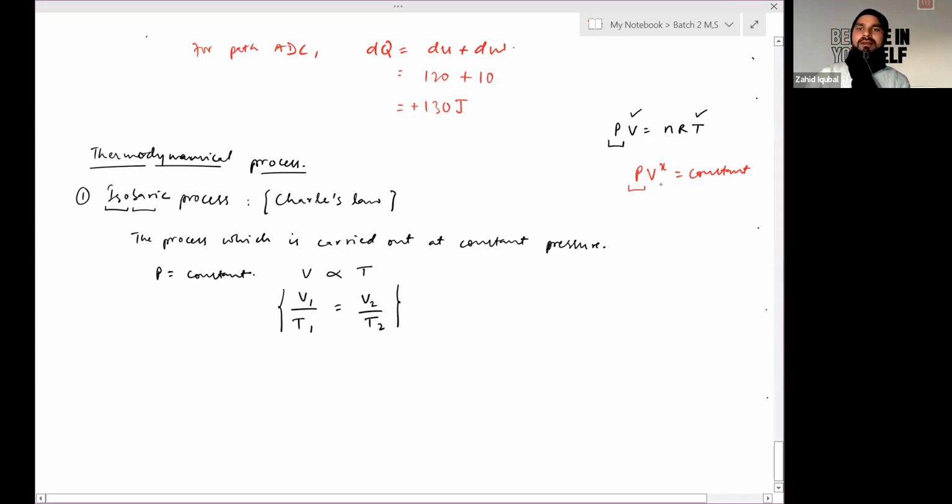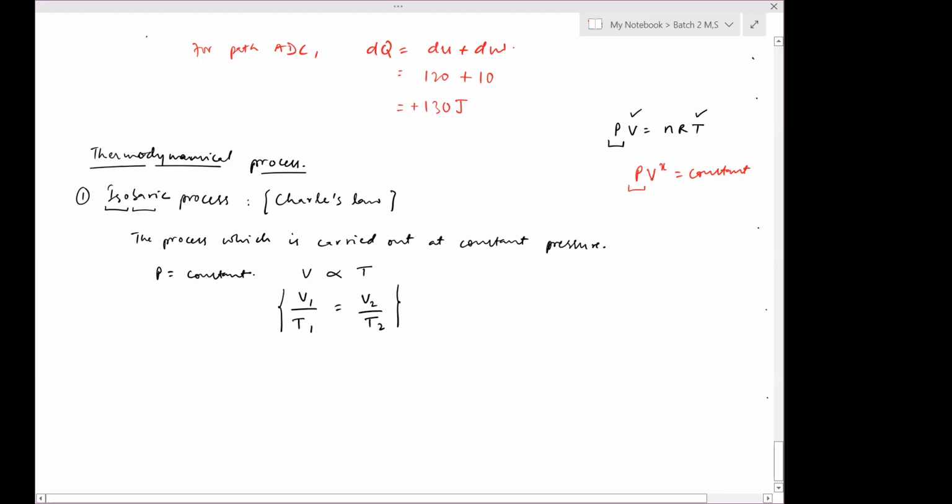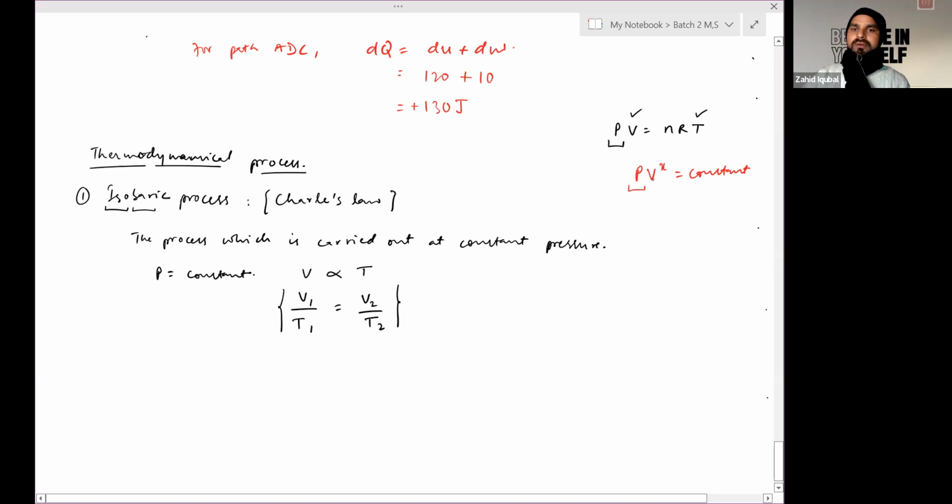Samira, any guess? Zero. Good. If you put X to be 0, V to the power 0 will be 1. So you're left with P equals constant. That's why X will be 0.